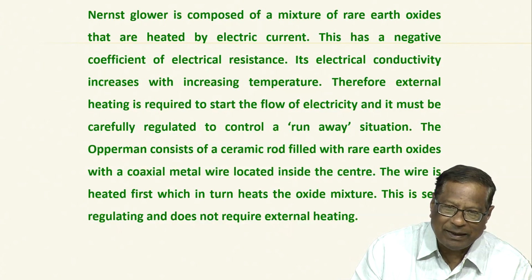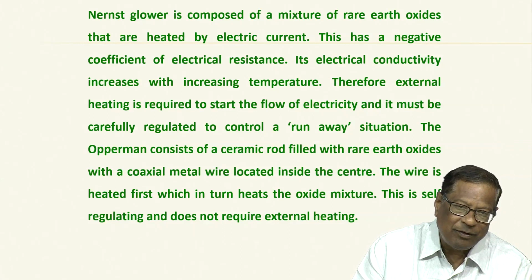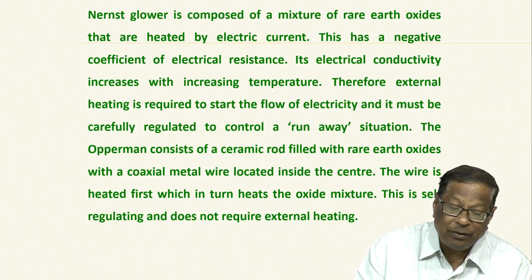You have to supply electricity to make them glow red hot. Okay. So, that means you have to heat them at very high temperature. So, it has got negative coefficient of electrical resistance.